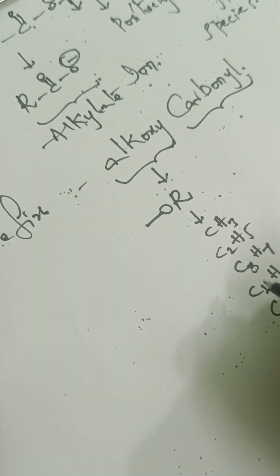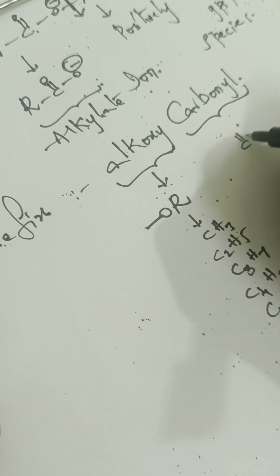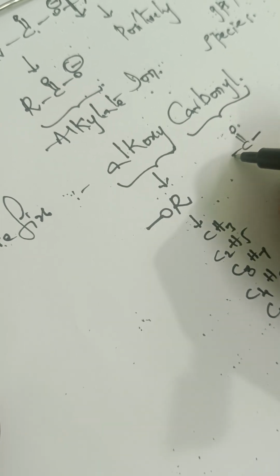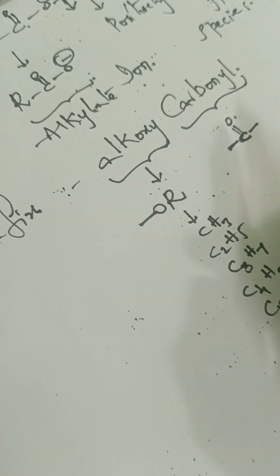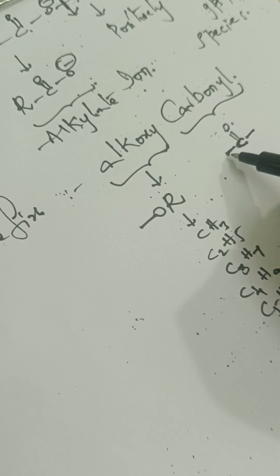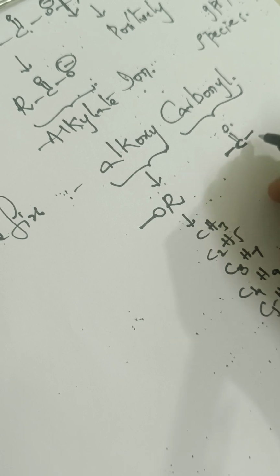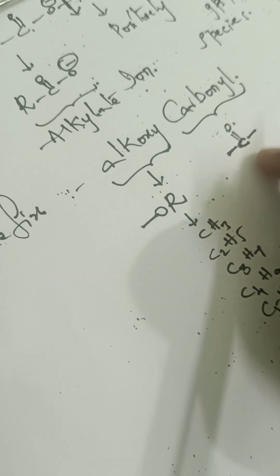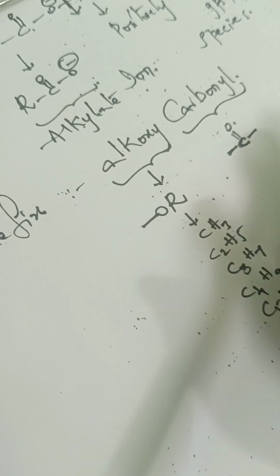What is the carbonyl group? The carbonyl group is nothing but C=O, and on either side of carbon there will be two more bonds. Why are we placing two more bonds? In order to satisfy the valency of carbon. As you already know, the valence of carbon is 4.